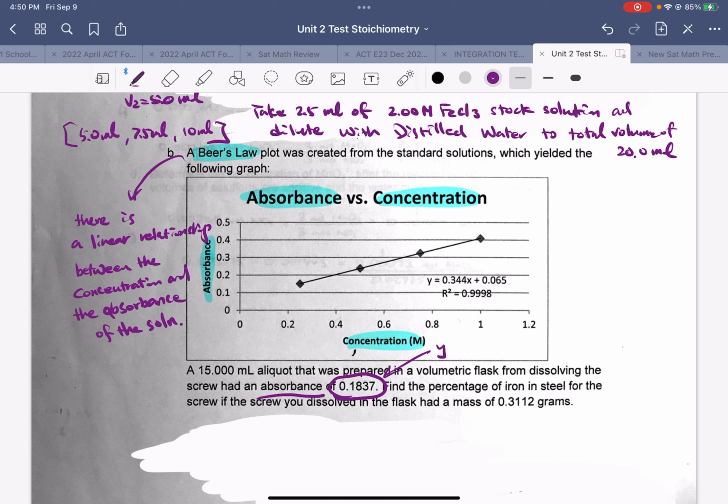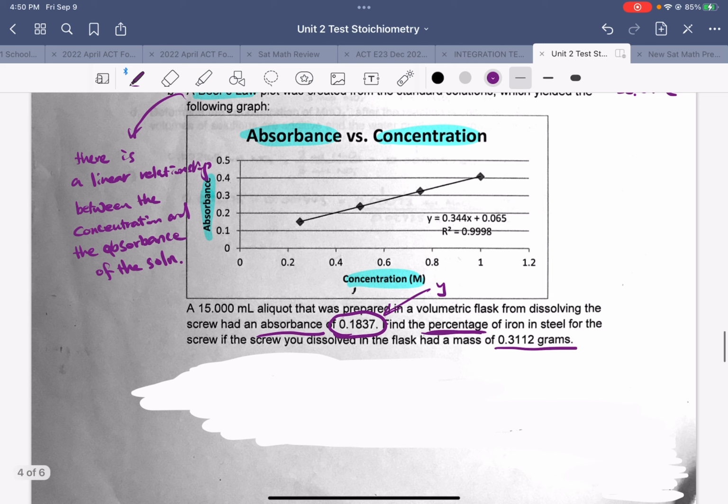Find out the percentage of the iron for the screw if the screw you dissolved in the flask had a mass of 0.3112 gram. Okay, so I'm going to start here.